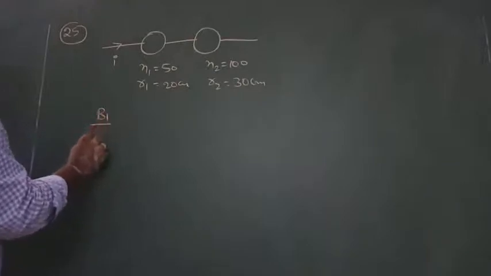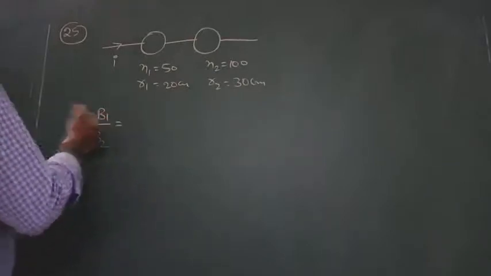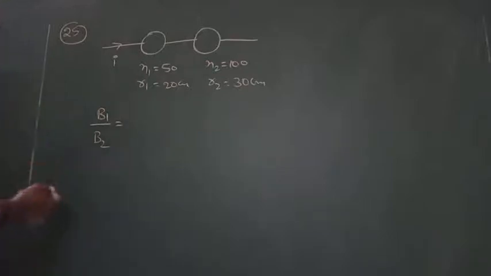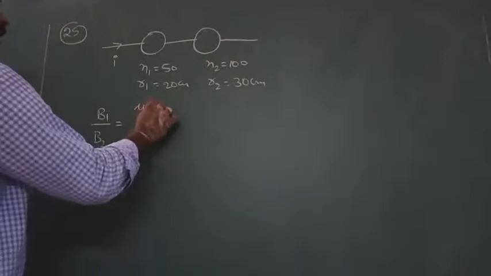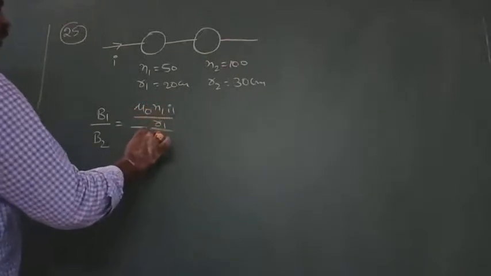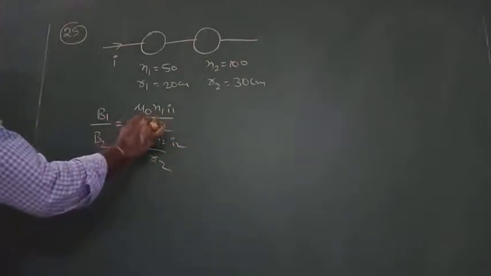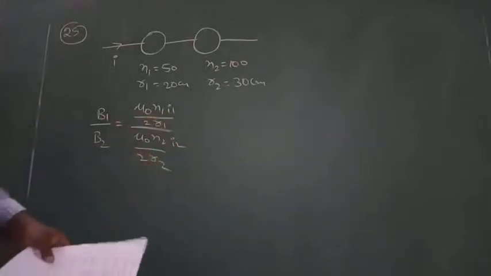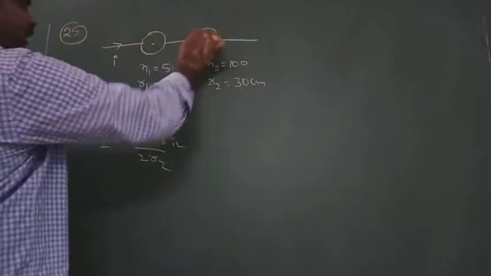The ratio of their magnetic inductions, B1 by B2, is mu naught N1 I1 by 2R1 over mu naught N2 I2 by 2R2. Why? Because these are circular loops at the center.